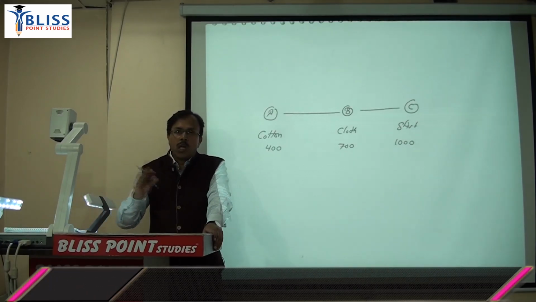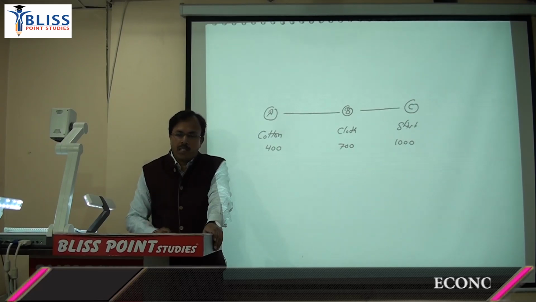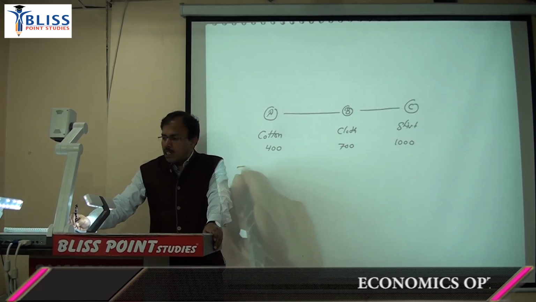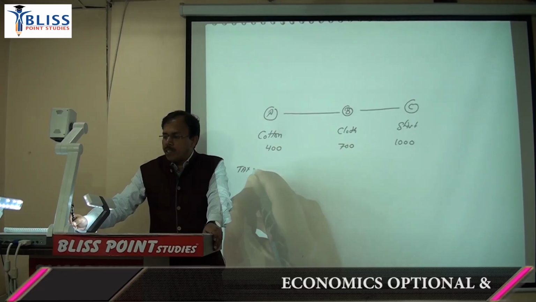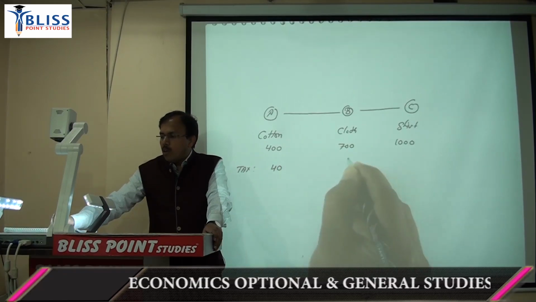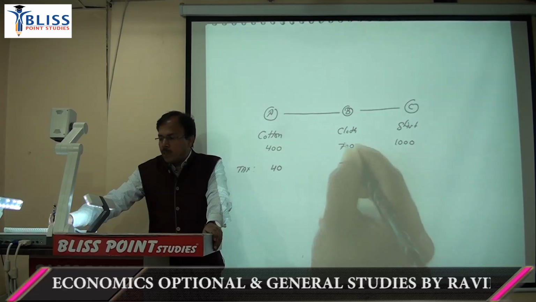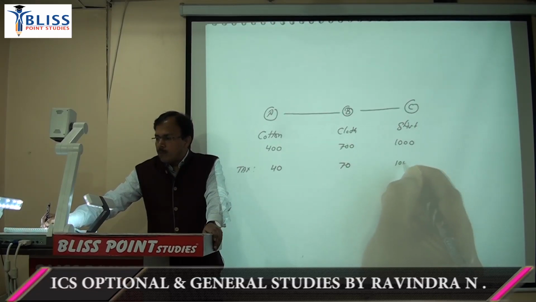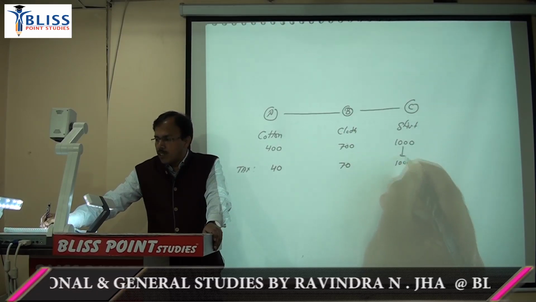Now what used to happen before VAT was that a tax of, say, 10% was imposed on the first transaction, also 10% on the second transaction, and 10% on this final transaction.